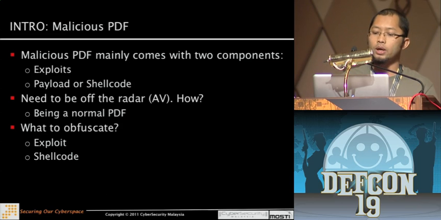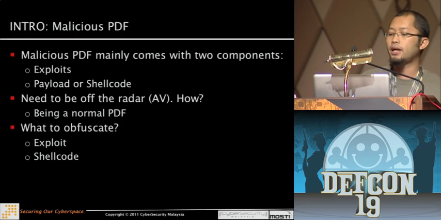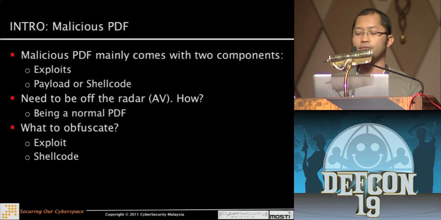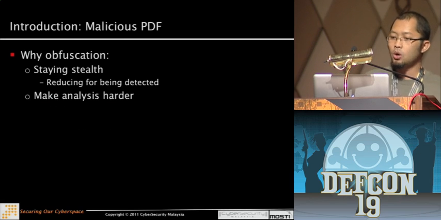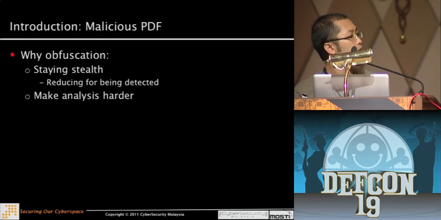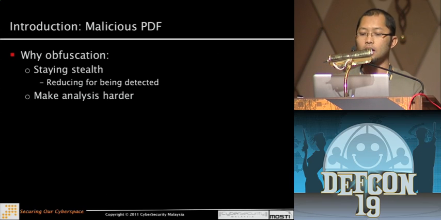What you want to obfuscate depends on what level you want to go. Normally, people just obfuscate the exploit, or they obfuscate the shellcode, but these two main components need to be obfuscated. Why obfuscate? Obviously, you want to stay stealthy and reduce the chance of being detected, and try to make analysis harder.